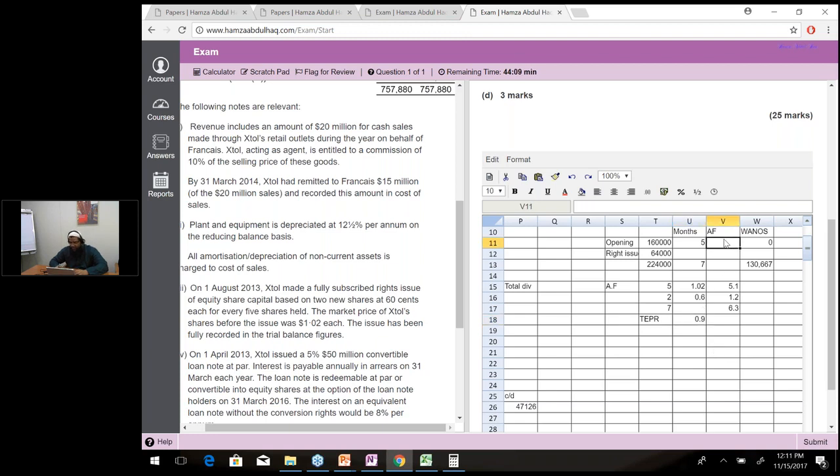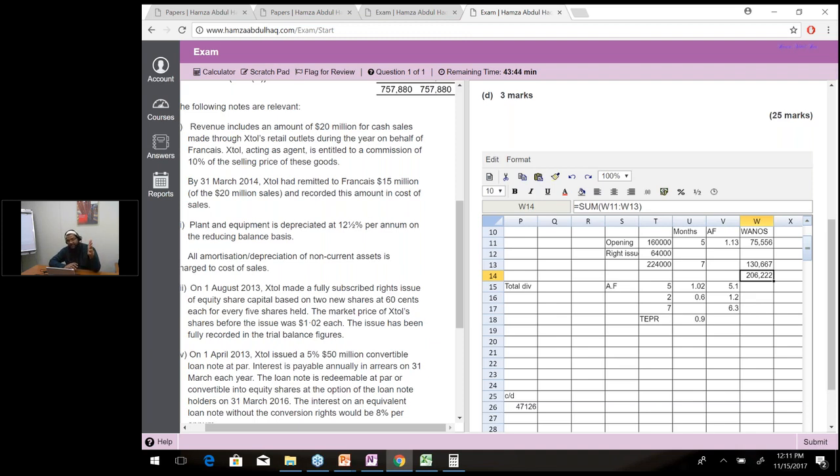The adjustment factor will become the market value divided by the theoretical ex-rights price. This is how we calculate the adjustment factor. I'm writing it to 2 decimal places. The weighted average number of shares is the sum of both these, and it has become 206,222.